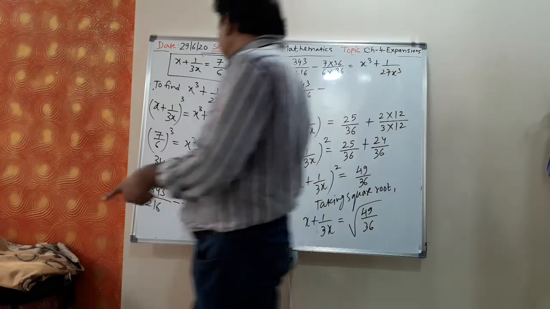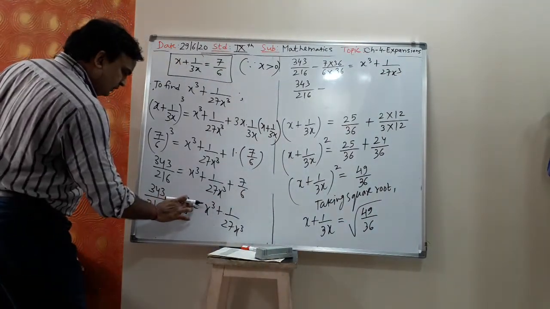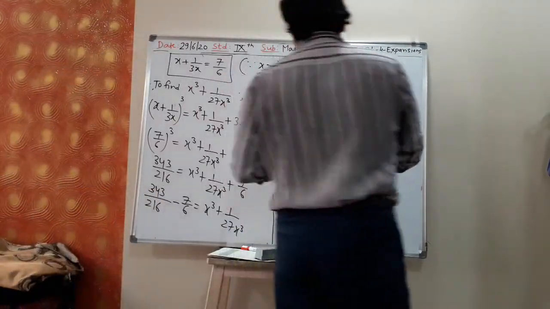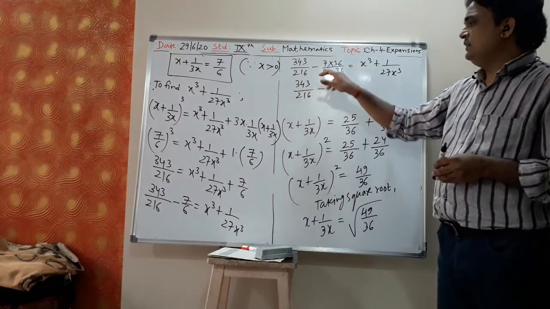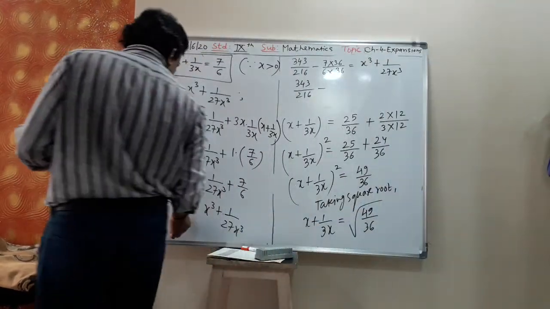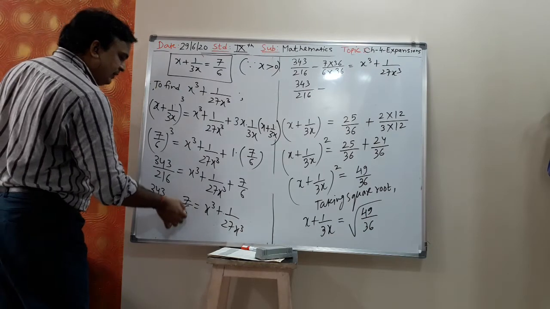To make the denominator equal, I will multiply and divide by 36.